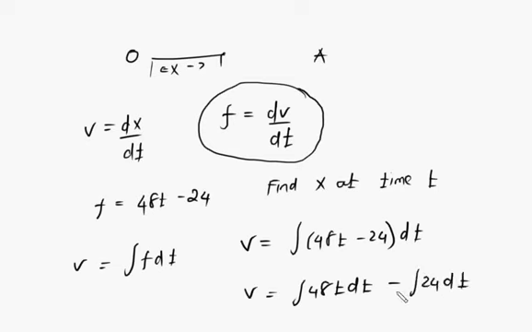it becomes like this, okay? So I take the constants outside, and I remain with velocity is equal to 48 times t dt minus 24 dt.